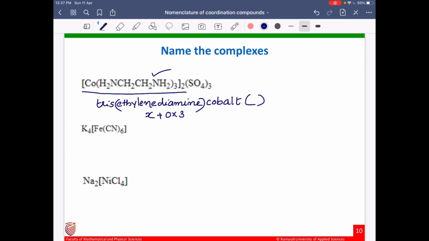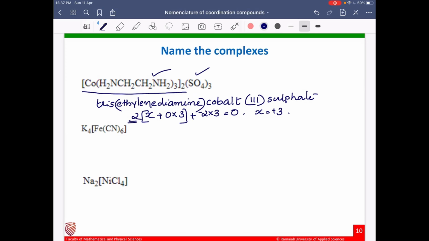That is 2. So you have to multiply these things with 2. Plus SO4 is having -2 charge, -2 into 3 equal to 0. From this you find the value of X. We will get X as +3. So we give the oxidation state of cobalt as 3 here. Now the anion is sulfate.